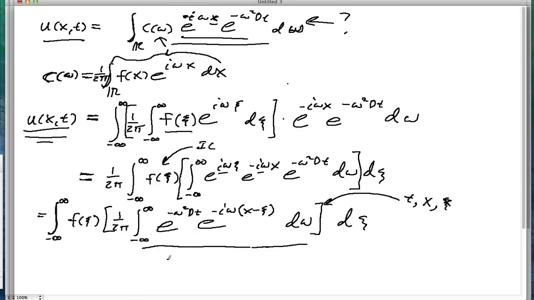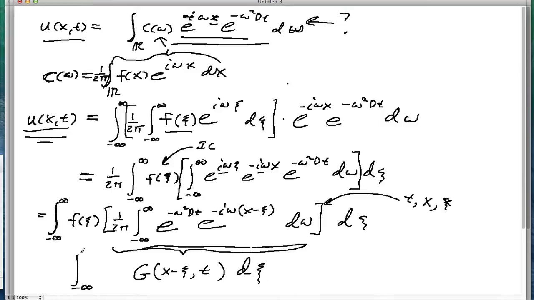I'm going to label this whole function capital G of, and really it's the difference between x and c that matters, so we can consider it as x minus c. This is a little different notation than what your book does, but I think it's a little cleaner. All right, so that looks a little nicer.